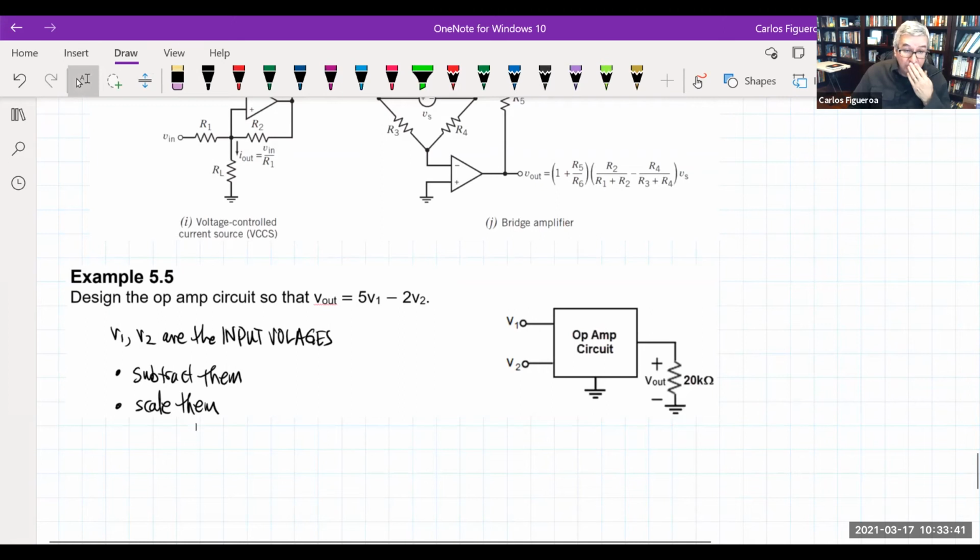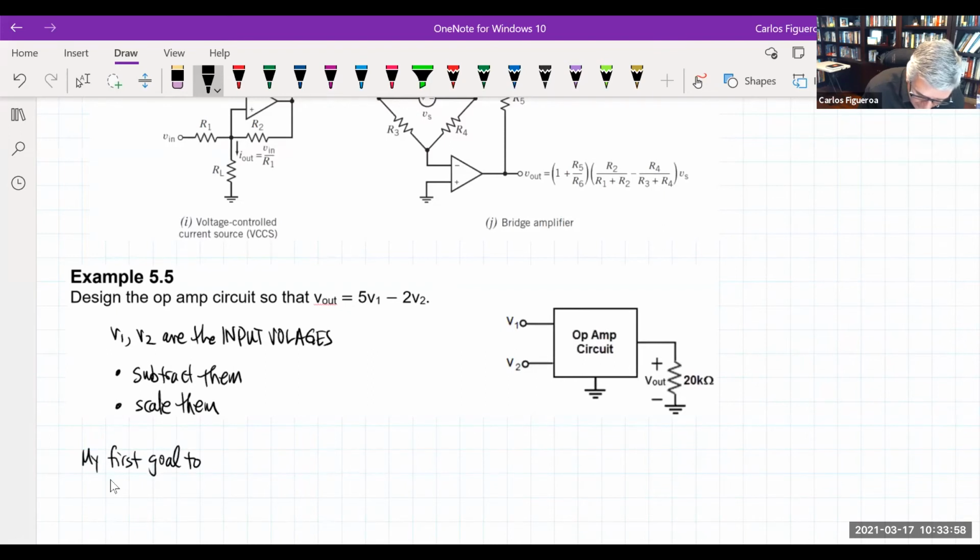Now, there's a couple of ways to look at this. The first way I approach this is that my first goal is to look it up online.